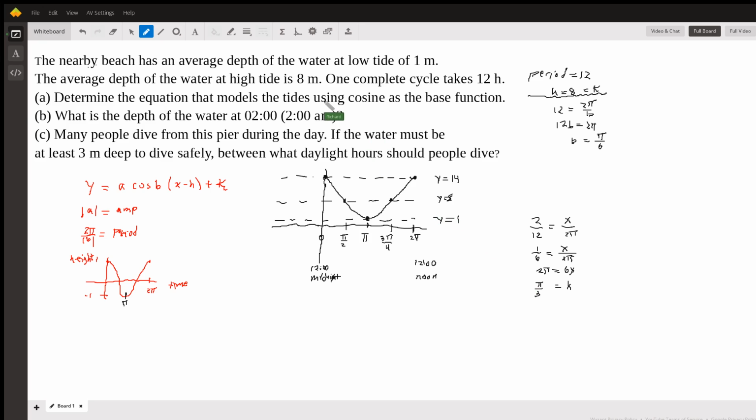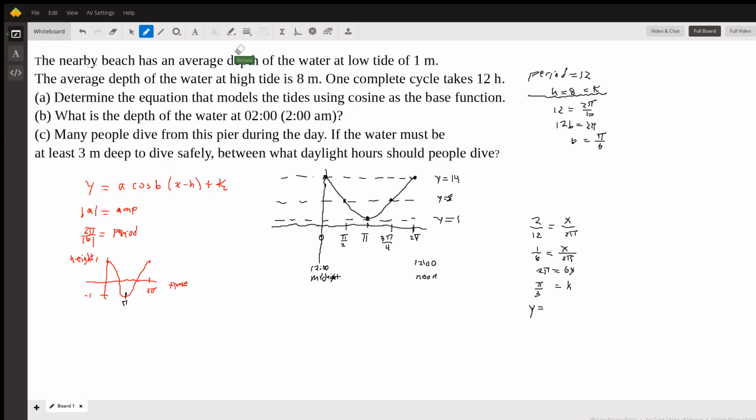Okay, so what's the depth at pi over 3? So the depth would be y equals a. All right, we know that our amplitude now is 6. The amplitude is this distance from here to here, which is 6. Or from here to here, oops. See, 8, the average depth at high tide is, oh, I misread that.